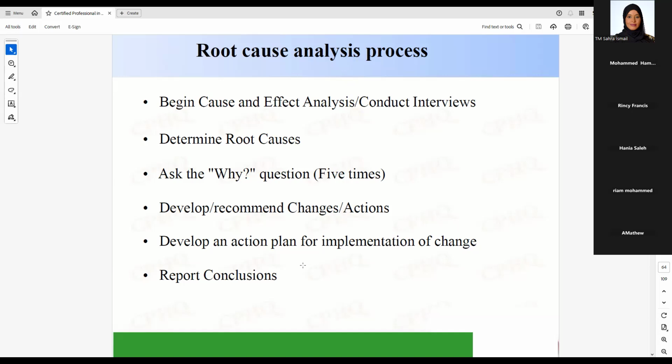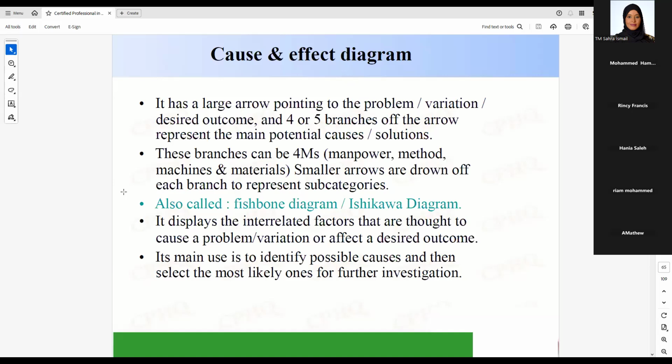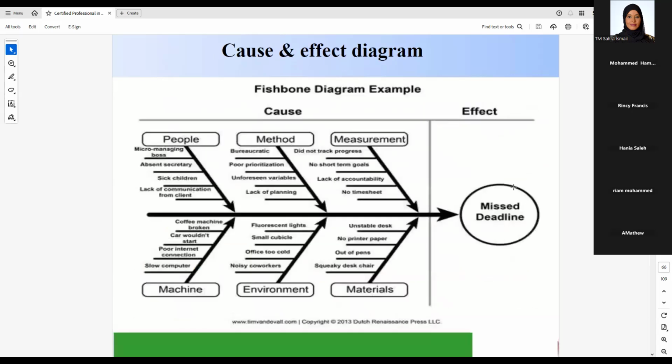And usually the root cause analysis is the major element in the review of the sentinel event. The cause and effect diagram is the same as the fishbone diagram or the Ishikawa diagram, which is this one.